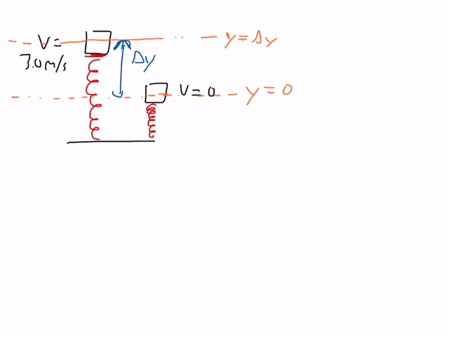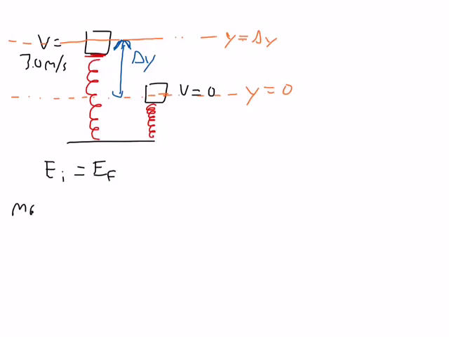So now we just need to write the energy before and energy after and set it up. Before, we have two types of energies, right? It's both moving and it's above our minimum. So energy is conserved.